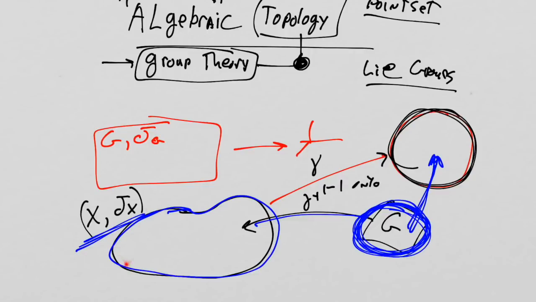Because the original topological space that we're going to study, that we're going to look for groups that are associated with, happens to also be a group, right? So we're starting with a topological space that happens to be a group, a Lie group, and now we're going to look for groups that can be connected to that topological space. We're going to look for new groups that have information about this topological space, which in itself happens to be a group.